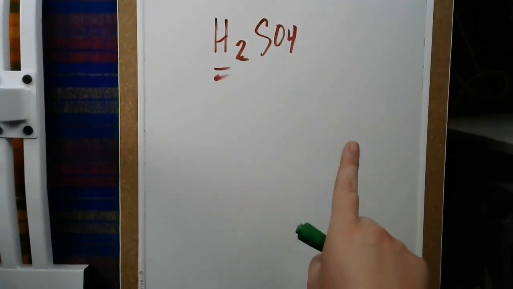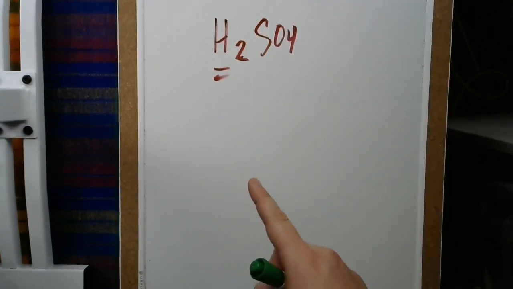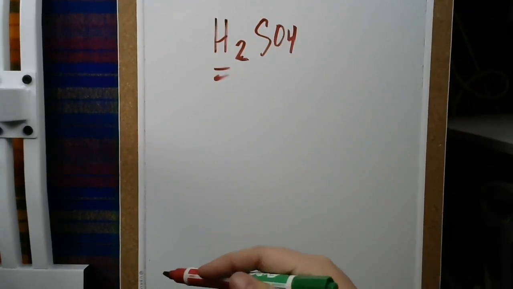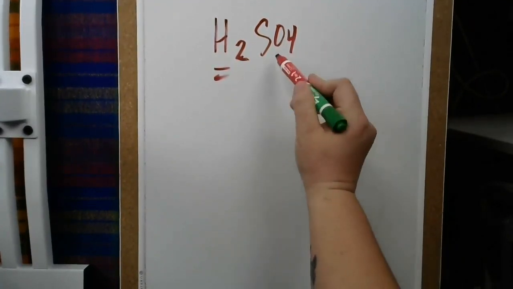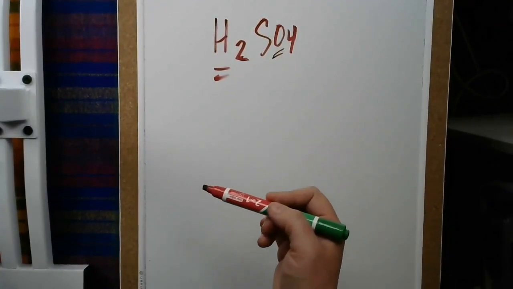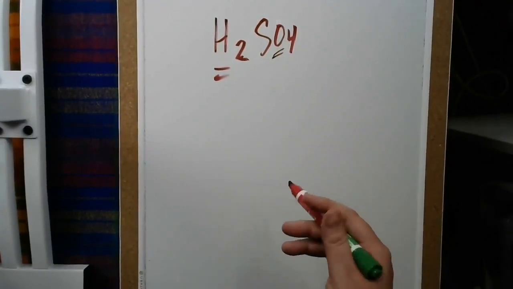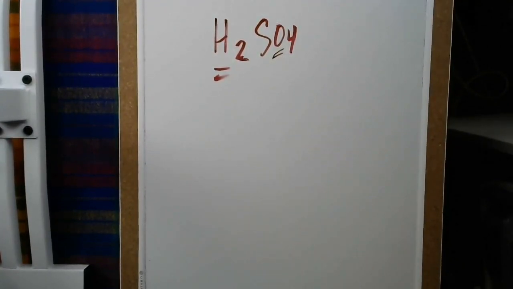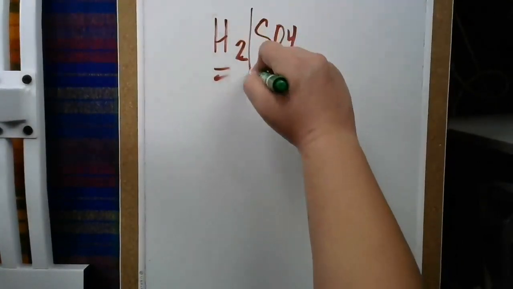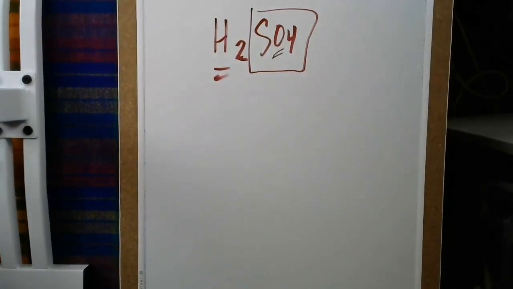So the first question you have to ask yourself once you've identified the fact that it's an acid is whether it's a binary acid or an oxyacid. The presence of that oxygen right there tells you that it's an oxyacid. Then you have to remember that oxyacids are named solely based on the polyatomic ion that makes them up, okay?